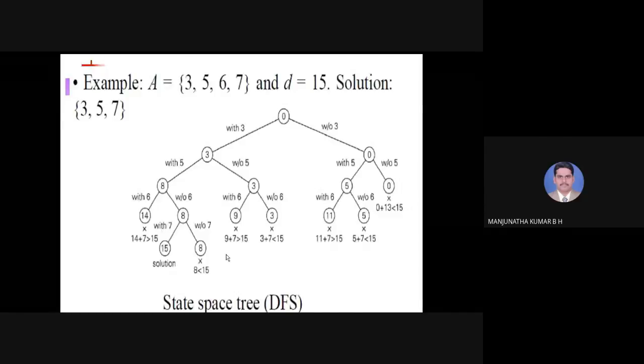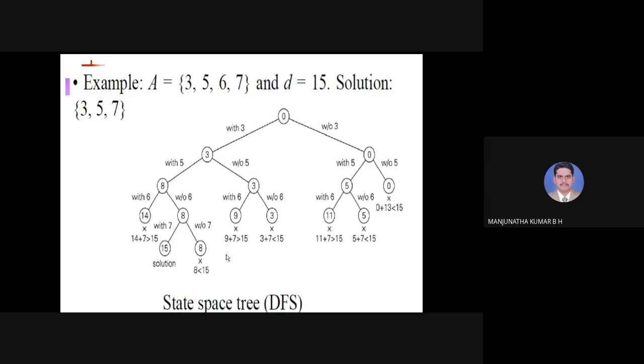So the very first node is the root node. The sum calculated is 0. Initially the subset sum is 0. Now what I have to do is take one by one element from the given set. First element is 3.